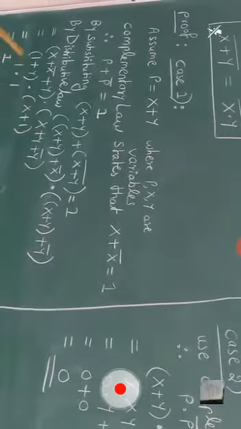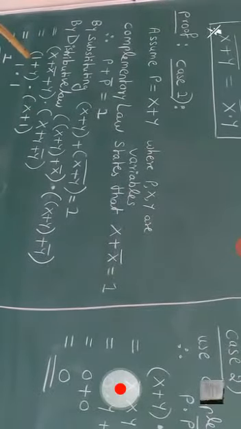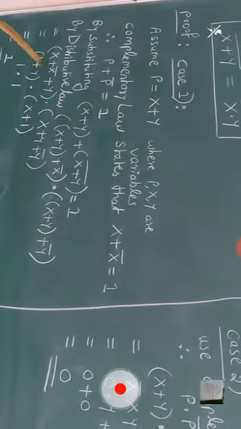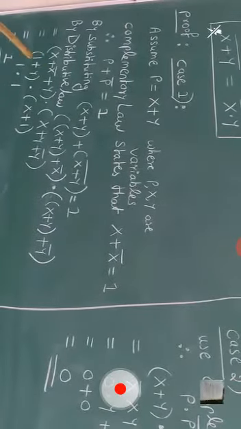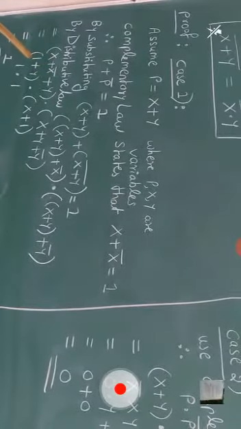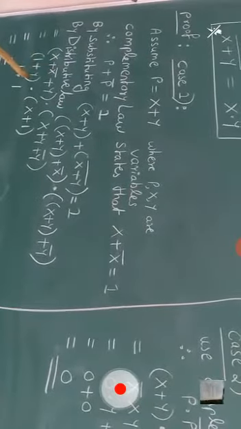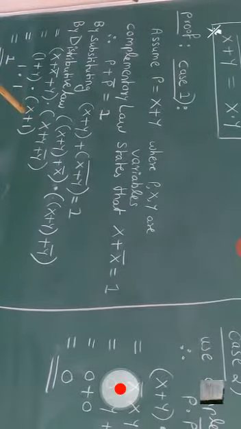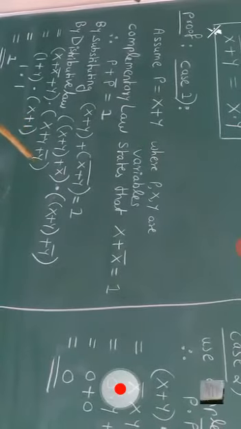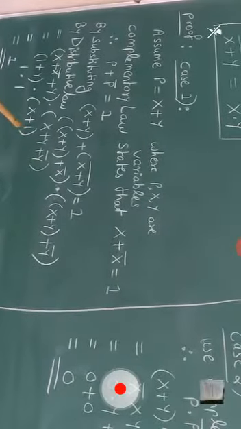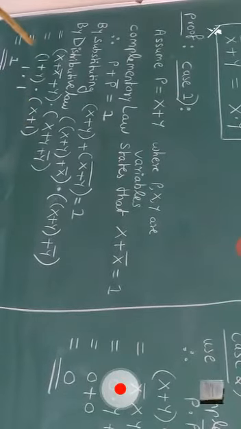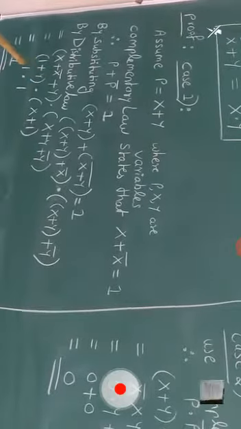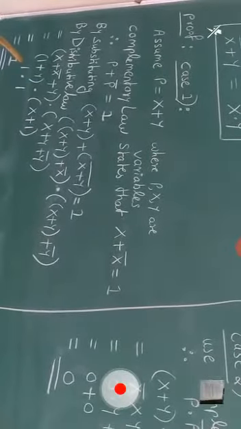Next step is, we know that in Boolean algebra, x plus x bar gives the result 1. Hence, I have written here directly 1 plus y as it is. Similarly here, x as it is plus y plus y bar will give me the result 1. By the Boolean algebraic theorem, we know that 1 plus y or any variable will give me the result as 1.